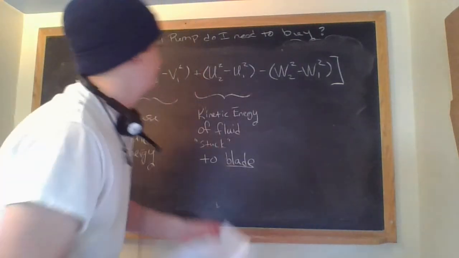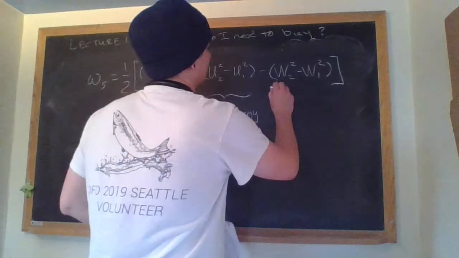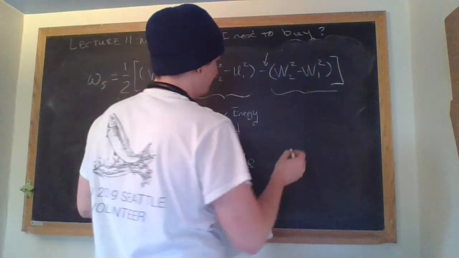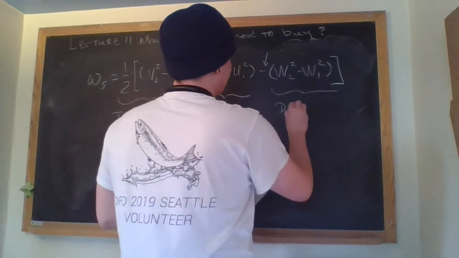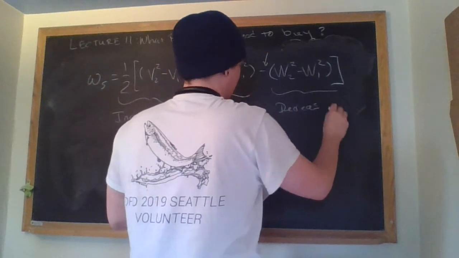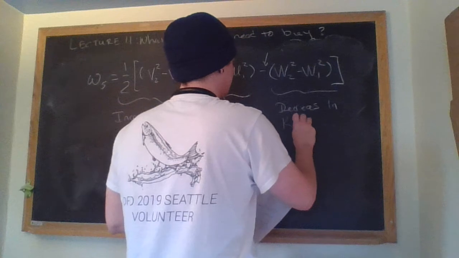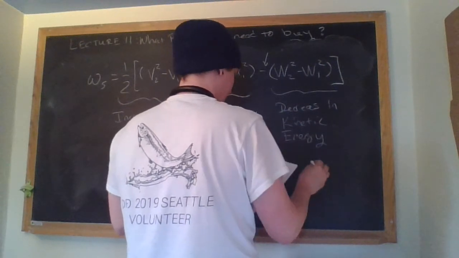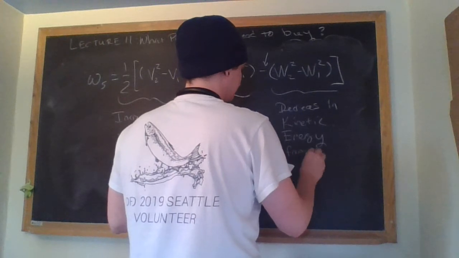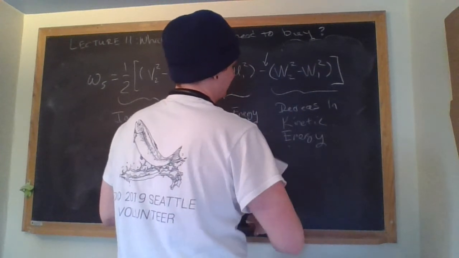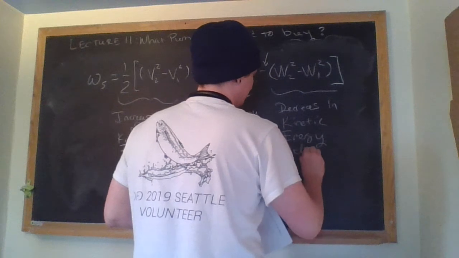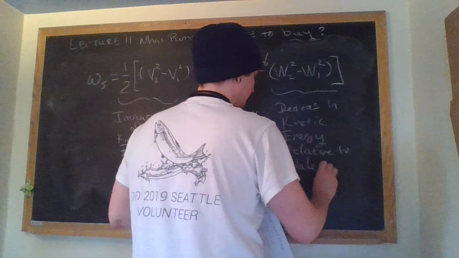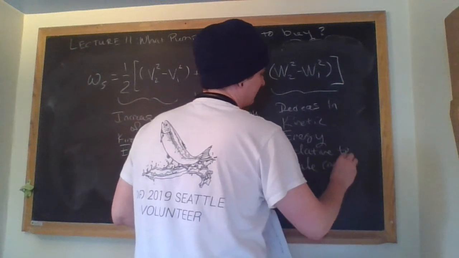The only cool part of this is you've got a minus sign for this W, right? And this is a decrease. So this is the decreased kinetic energy relative to blade coordinates.